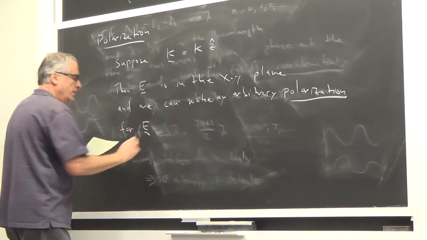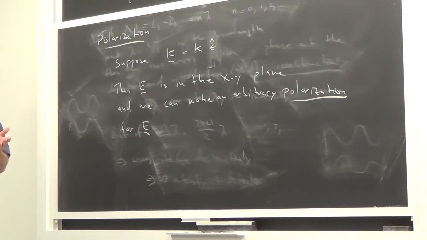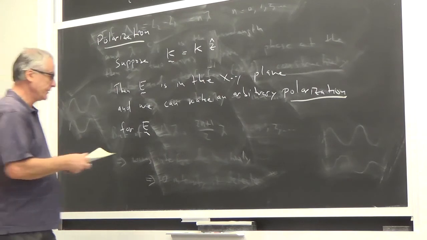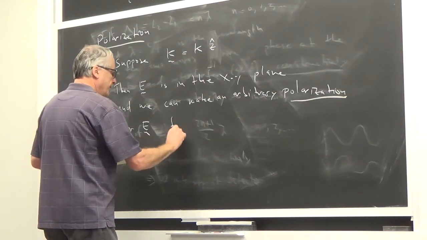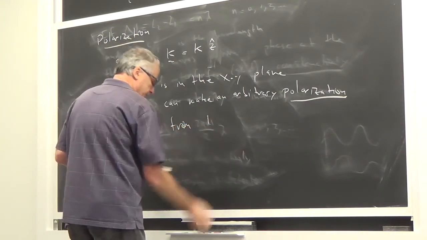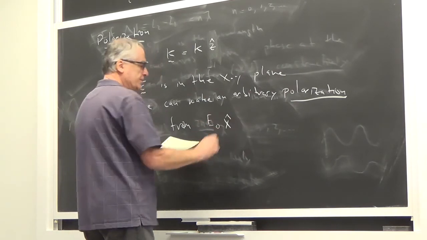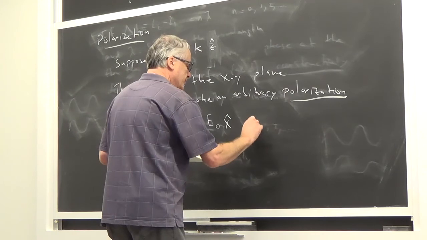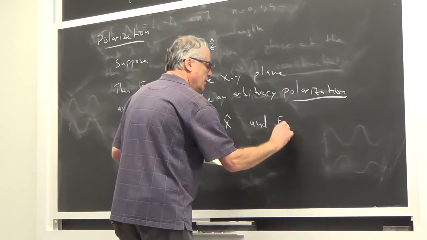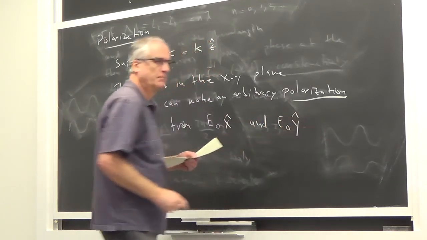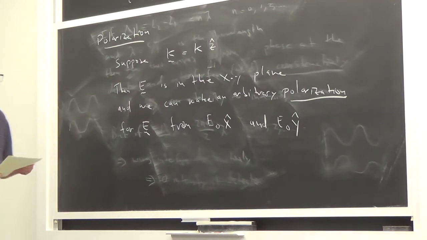for E. Just by considering the linearity of the problem, we can take linear combinations of a wave that's polarized along the x direction and a wave that's polarized along the y direction. Take linear combinations of those two vectors and get any vector in the xy plane.